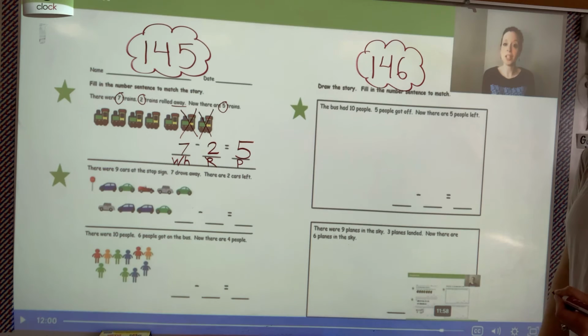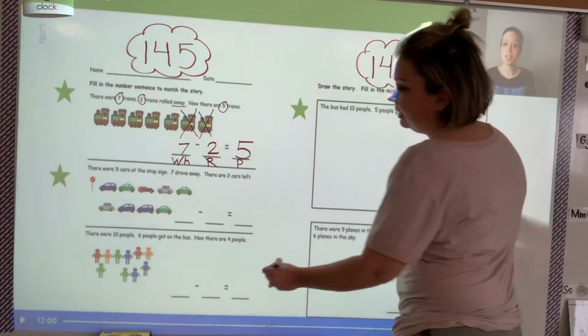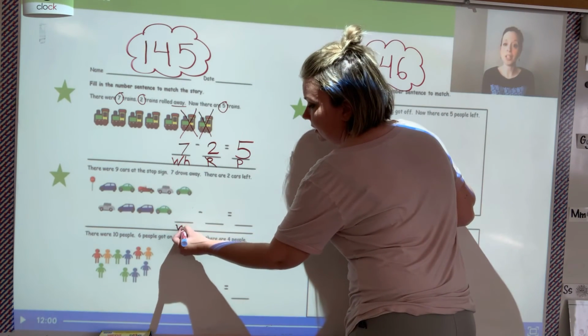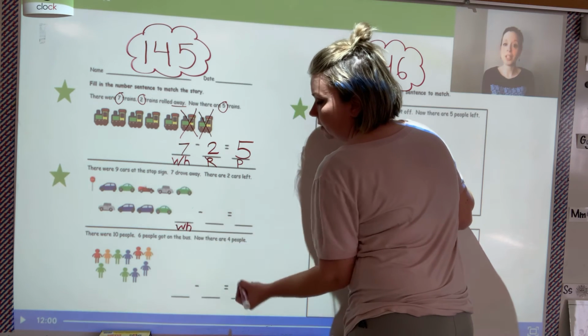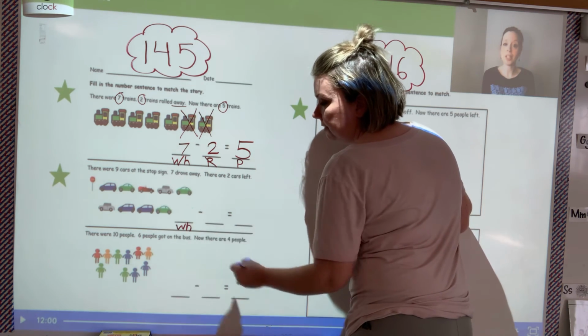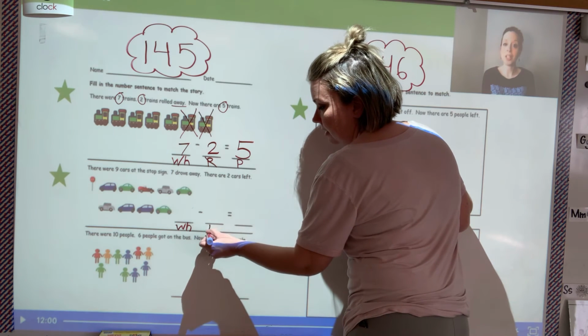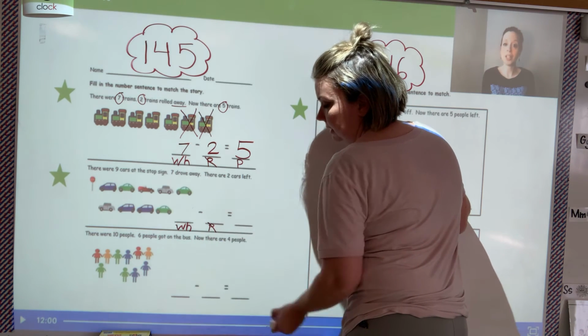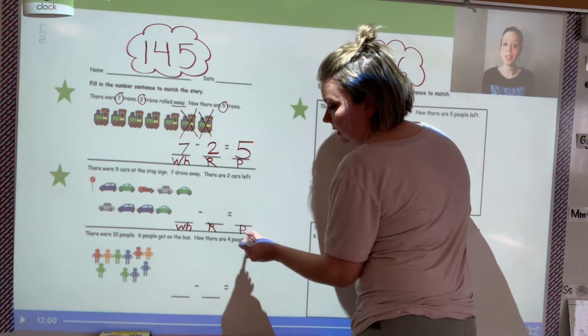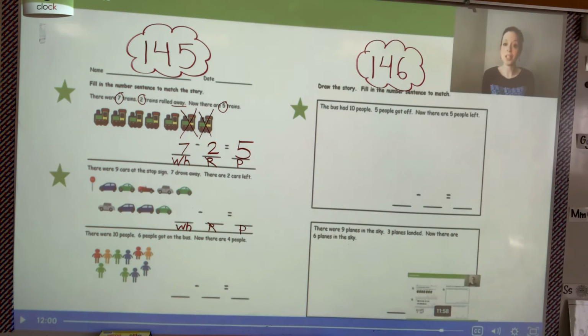If it helps you, you can always label your number sentences where your whole is the first, before the minus sign, then the part that was taken away and the part that's left. That might help you in labeling.